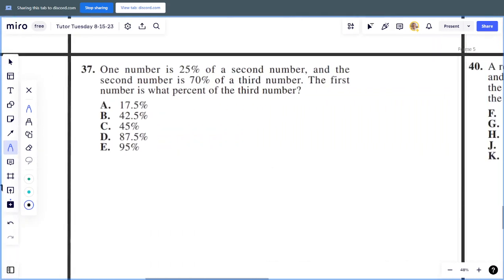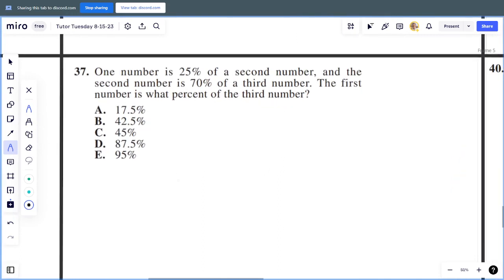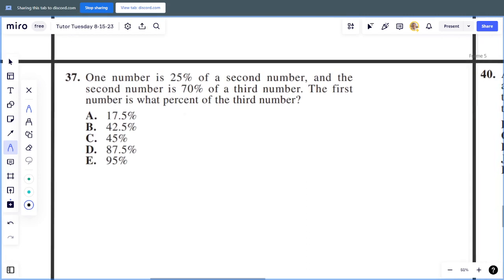37 is a nice one as well, and I think some of the digital SAT problems look like this. It's all about translating math into words, and an easy way to do that, I'll show you right now. If we have something like one number or a number, I could just mark that as an unknown variable, like x.